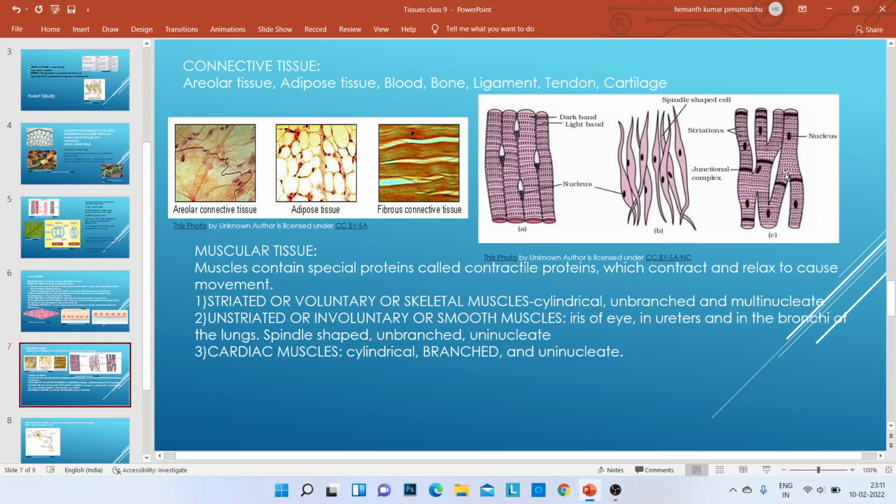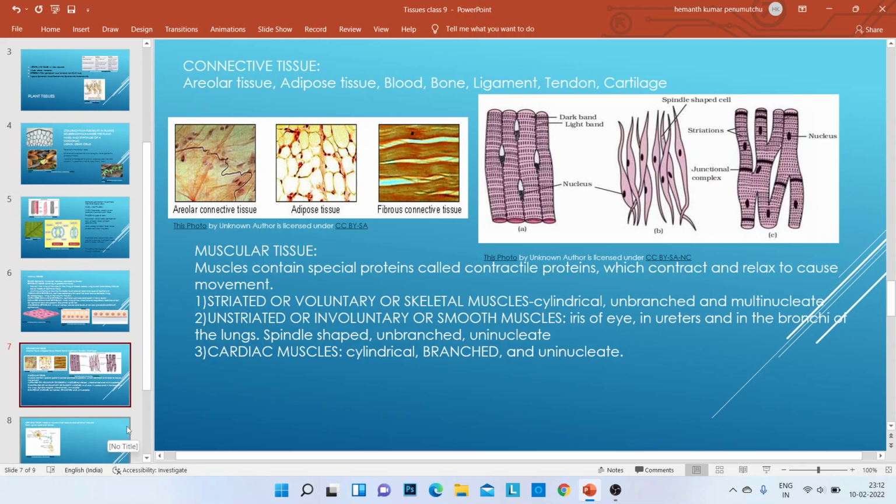That's why uninucleated. The only multinucleated muscle is the voluntary or skeletal muscle. The remaining are uninucleated, and they have different shapes. This is cylindrical, this is also cylindrical, but smooth muscle is spindle shaped.